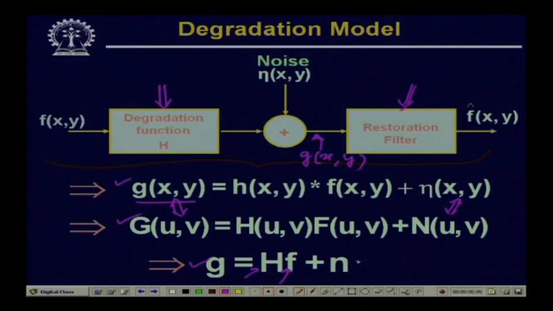So, you find that the dimension of this degradation matrix H is quite high if our input image is of dimension capital M into capital N. And similarly, n is a noise term, and all these three terms together give you the degradation expression in the form of a matrix equation.